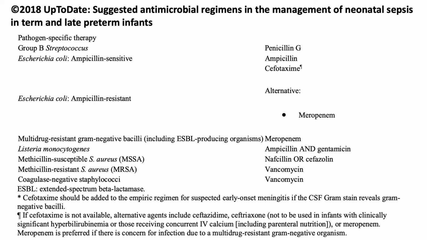Listeria monocytogenes, ampicillin and gentamicin, and you have to take into consideration that Listeria is usually sensitive to ampicillin, and you should not give any drug other than ampicillin in the management of Listeria monocytogenes. So we give ampicillin and gentamicin.